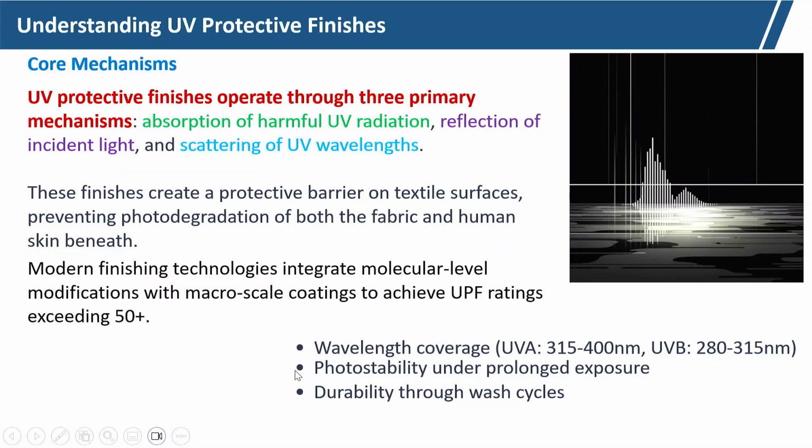So, these details we have discussed, and also the compatibility, how we can make it compatible with the textile substrates, so that the finish remains a little bit permanent. Now, let us discuss the classification of UV absorbers.